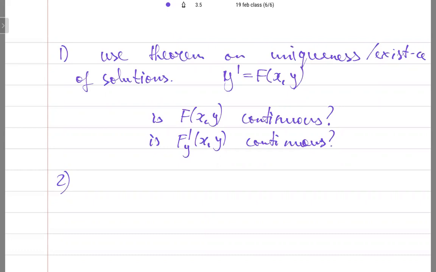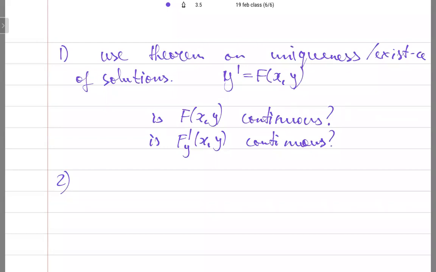But sometimes this condition fails, it is not met. And if these conditions are not met, then you should try to solve the equation, because if the theorem is not applicable, then you need some other methods to find the number of solutions.